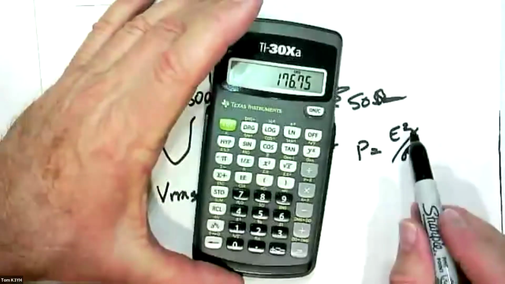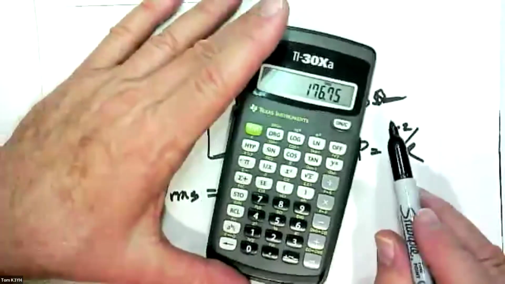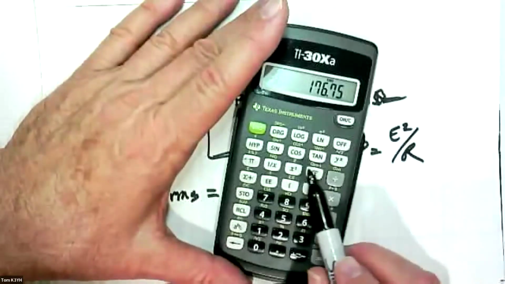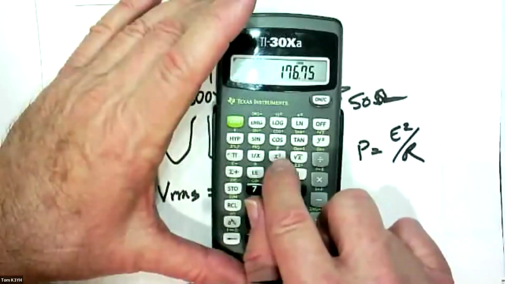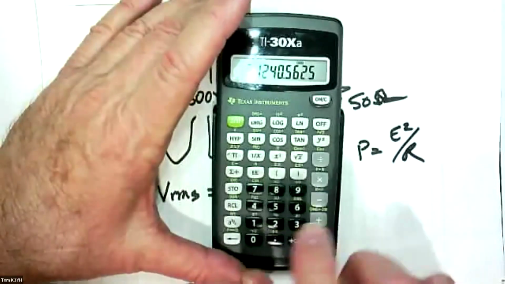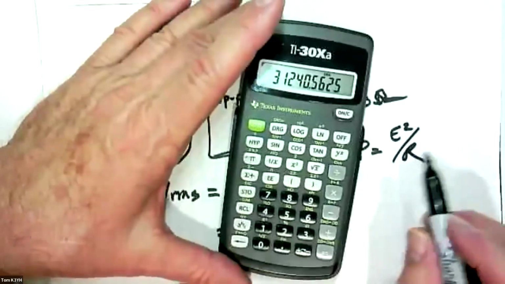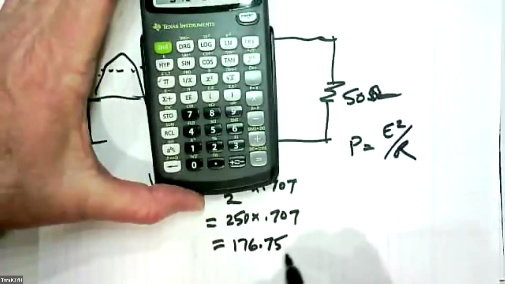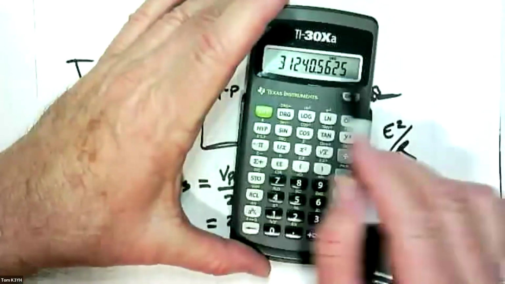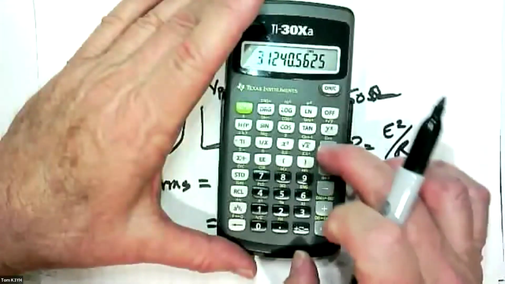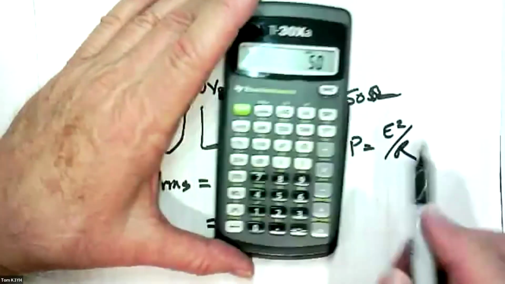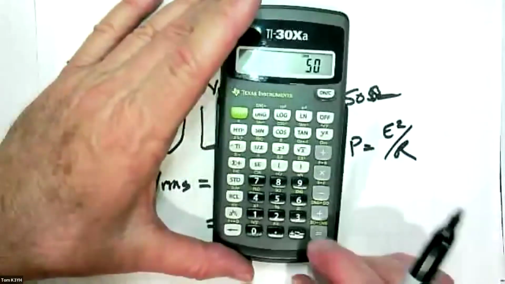And now power is equal to E squared over R. I do have a squaring button here on my calculator. Right there it says X squared. So I'll just square it. 176.75 squared is this number, and then I'm going to divide by R. I divide by 50. There's 50 ohms.